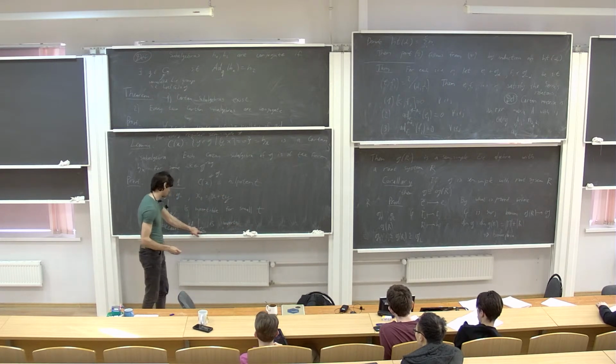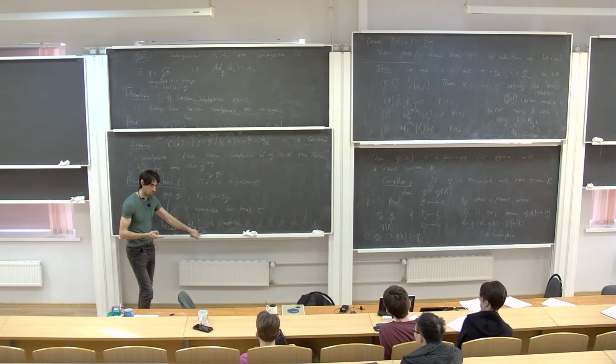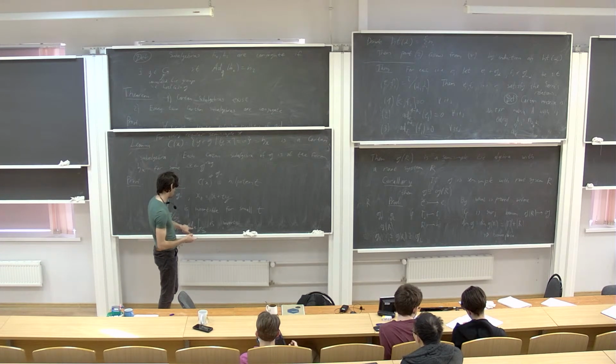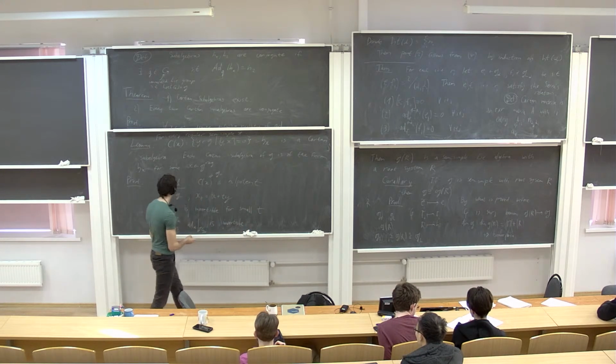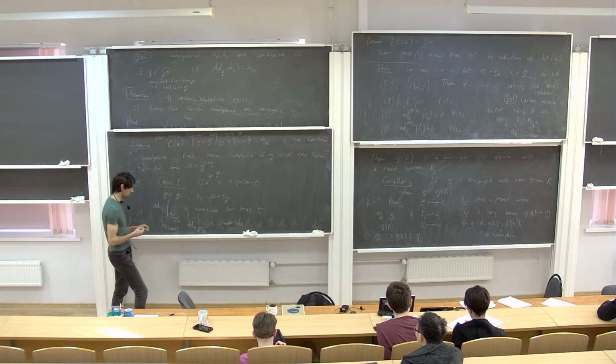I killed the kernel and all the null space by killing G0. Right? It's all in the centralizer, invertible. So therefore, for small t, I still have an invertible situation here.